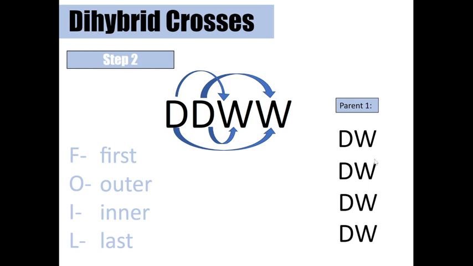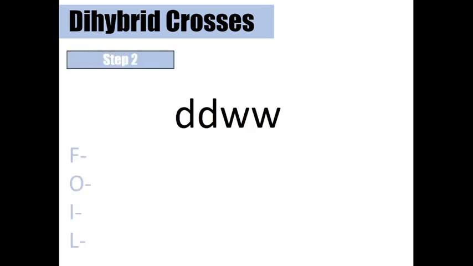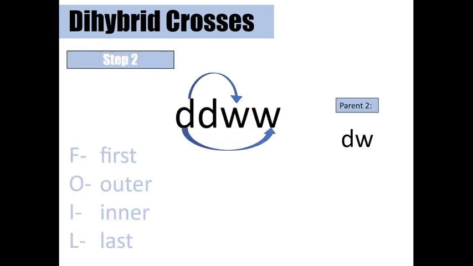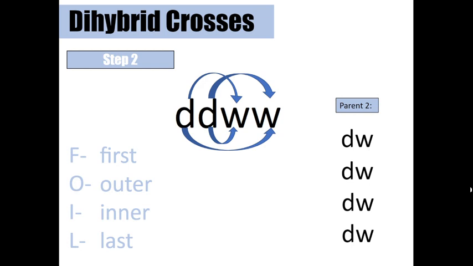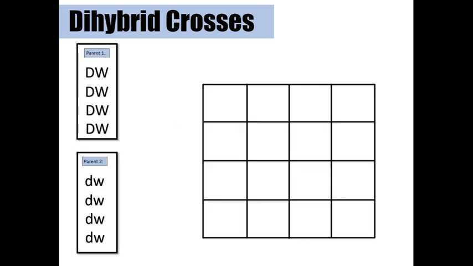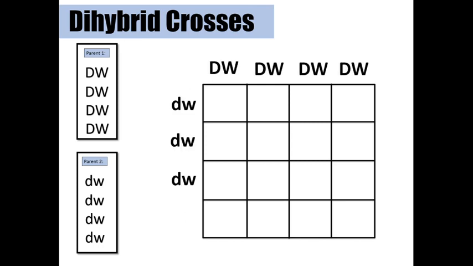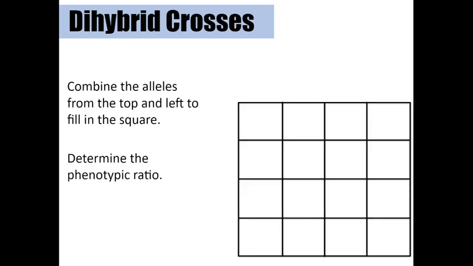So it's all going to be the same for parent 1. And parent 2 is going to be the same. Everything is going to be a little d and a little w for parent 2. So remember, parent 1 is going to go on the top of our box, and parent 2 is going to come down the side. Let's fill out our Punnett square here.